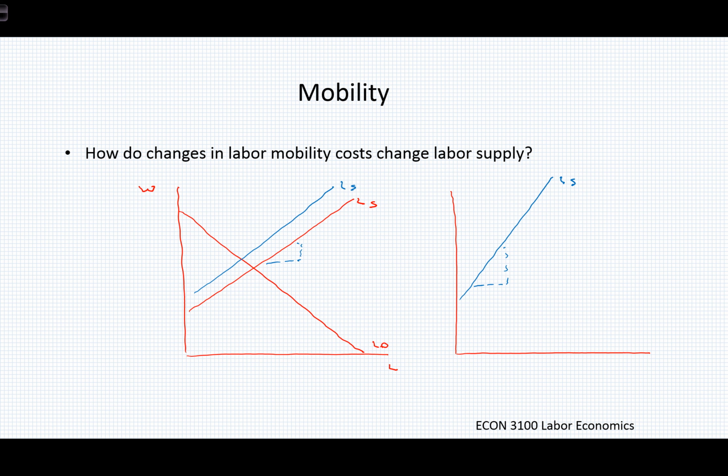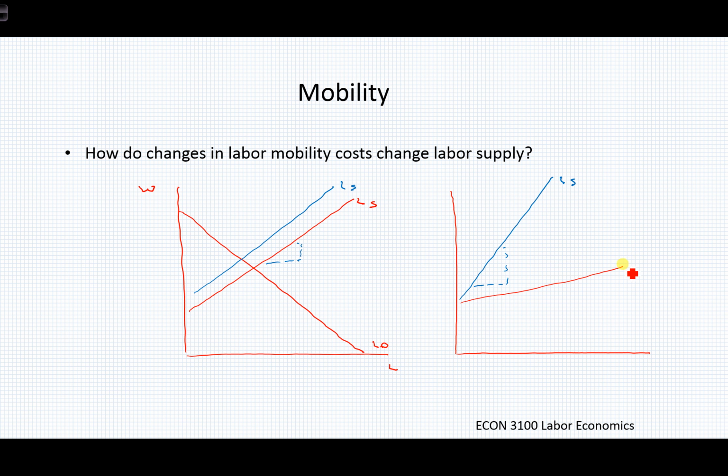Now we might have just the opposite. We might see that in these job searches the firm is actually paying some kind of a bonus, a signing bonus, in which case maybe that would give us an opportunity to see a flattening of this rather than a steepening of it. So maybe we'll make this yet flatter still.